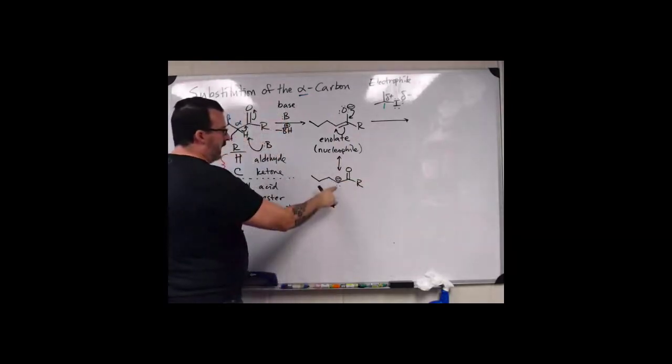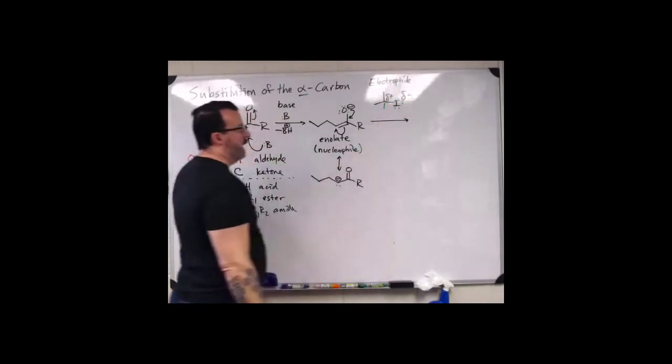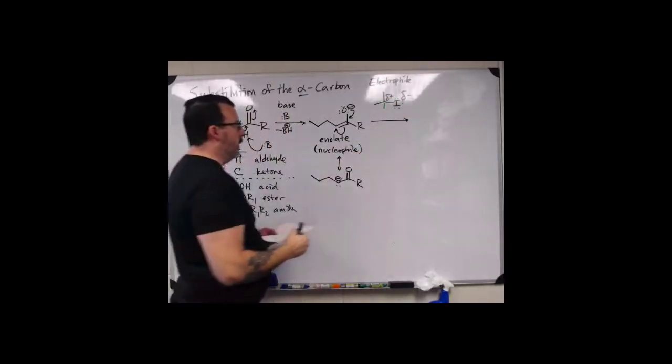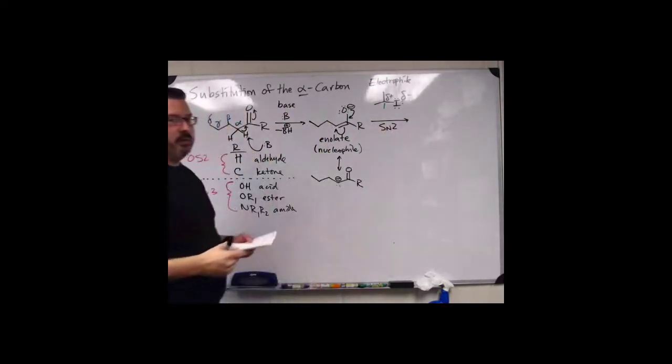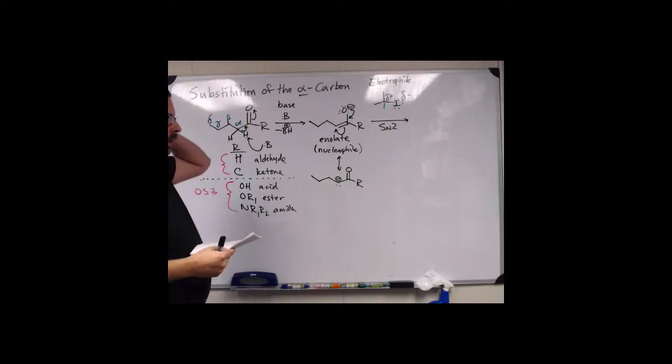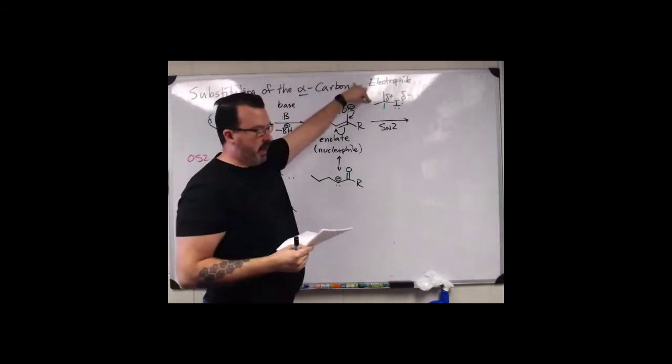So this negative charge will attack this delta plus, displacing the iodide. But overall, that's an SN2 reaction mechanism, which we learned in 255. So what are we doing? We removed this H originally, substituting it for this carbon backbone.